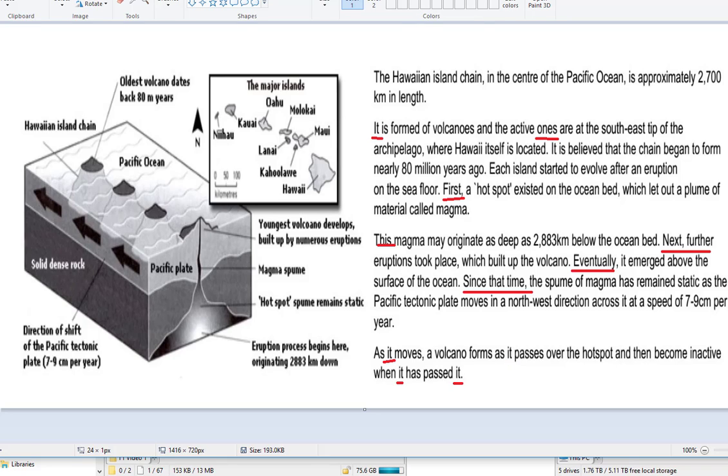Let's have a look at vocabulary. It is formed of volcanoes; it is formed by volcanoes. Archipelago, that is good. Is that from the diagram? No, it isn't. It would be amazing if somebody could spell this word correctly in the text. But that's a good word to use.